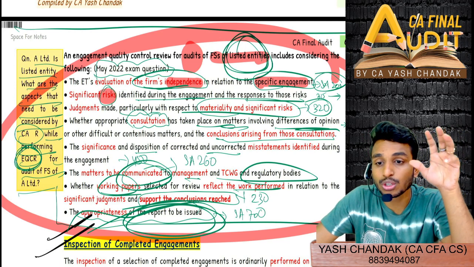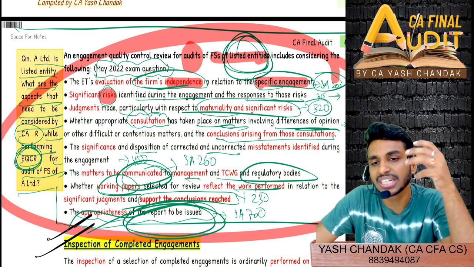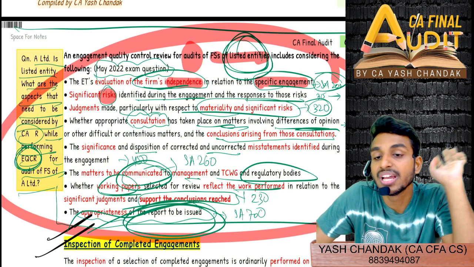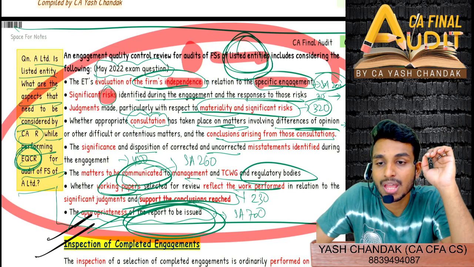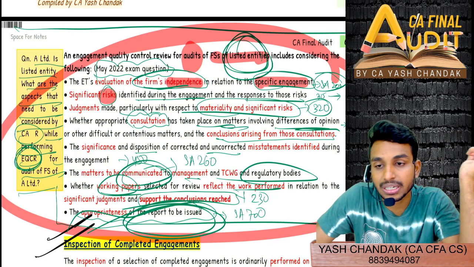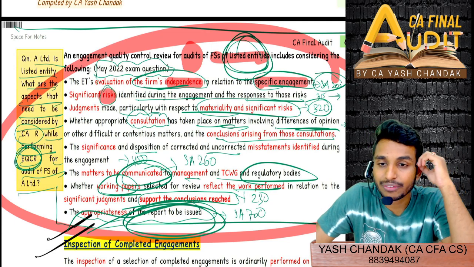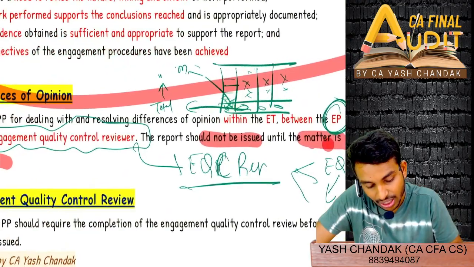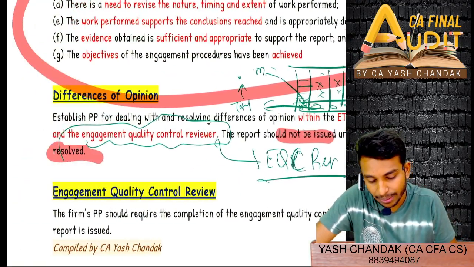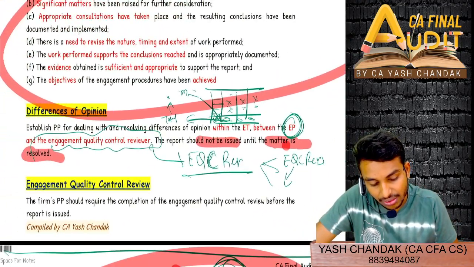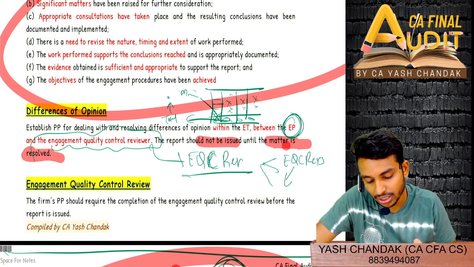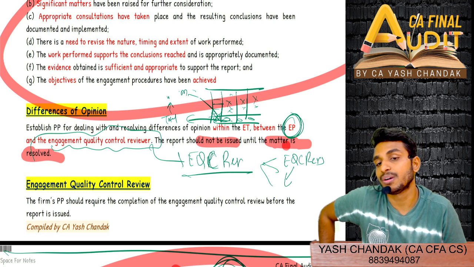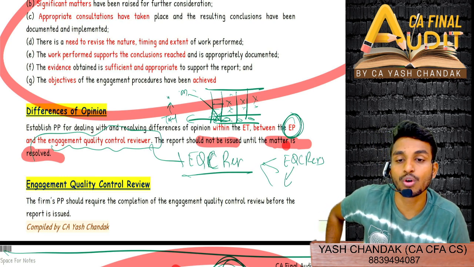If there is any difference of opinion, you will simply mention that the EQCR is of this opinion, but I am of this opinion because of this reason, specified in the basis for opinion paragraph. We have to deal with the difference in opinion; the report should not be issued until the matter is resolved. If there is a difference between the engagement partner and the engagement quality control reviewer, we have to establish policies and procedures within the firm on how we get aligned.